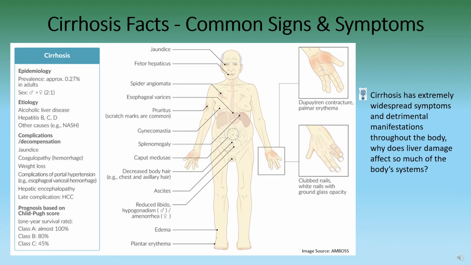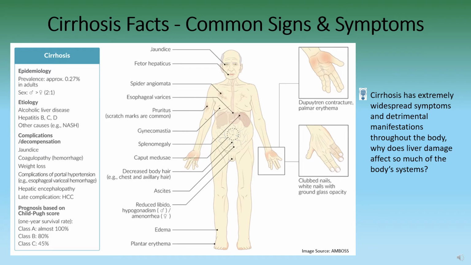You can also see that complications and decompensations include jaundice, weight loss, portal hypertension, hepatic encephalopathy, and other complications. If you look closely, you can see that portal hypertension can even lead to esophageal or GI variceal bleeding. This is a type of internal bleeding. If you remember from the case, our patient had symptoms of nausea and vomiting blood.